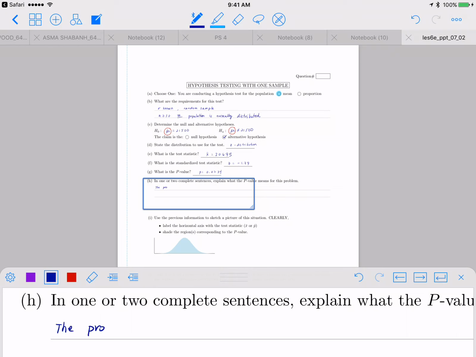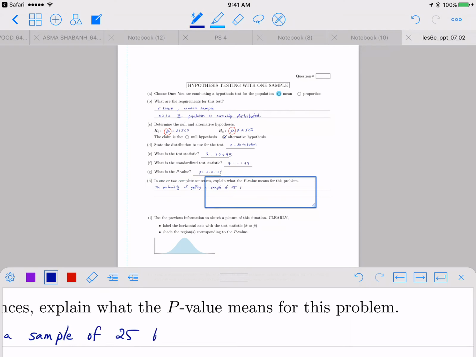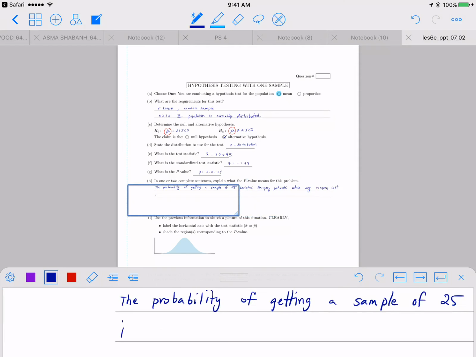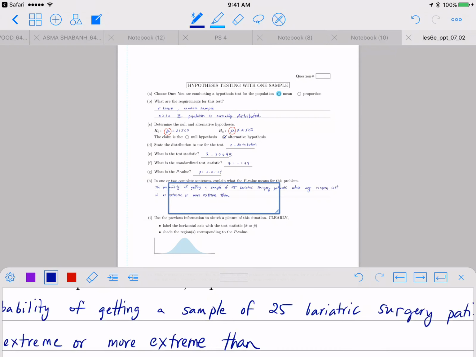The probability of getting a sample of 25 bariatric surgery patients whose average surgery cost is as extreme or more extreme than what was ours.